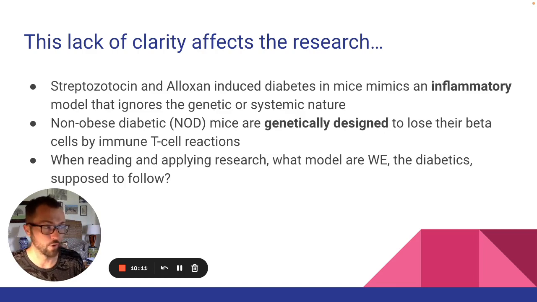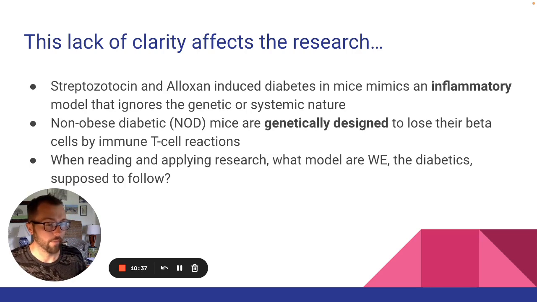And those drugs are streptozotocin and alloxan. And what those are doing is they are targeting the cellular mechanisms in beta cells to induce inflammation and an inflammatory response that renders them dead, right? So it's a targeted attack on the infrastructure of the beta cells.